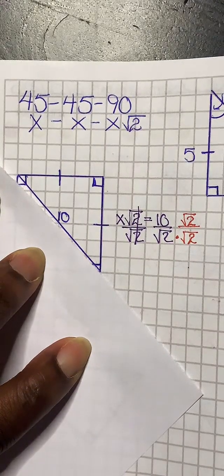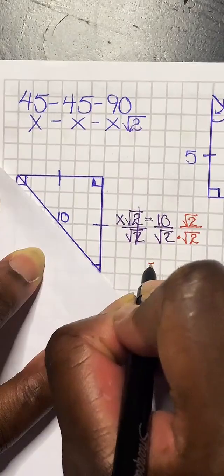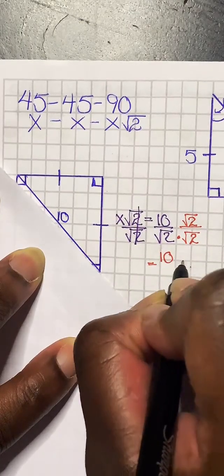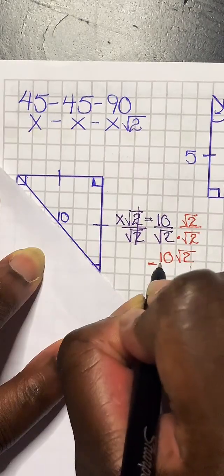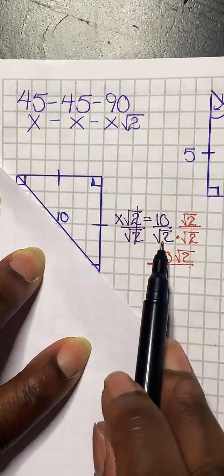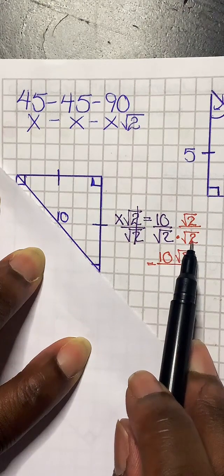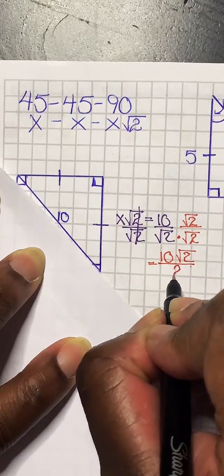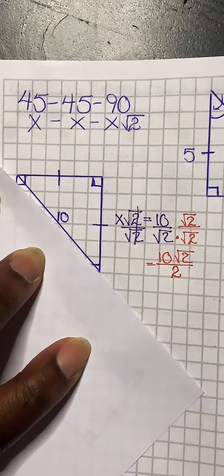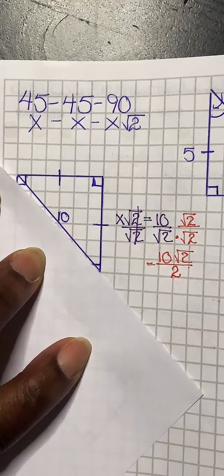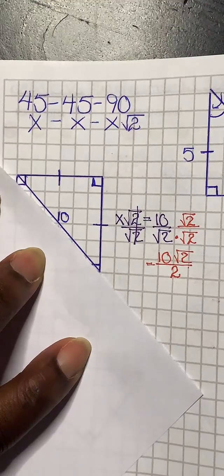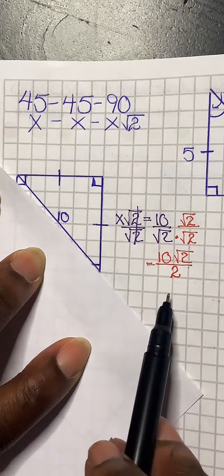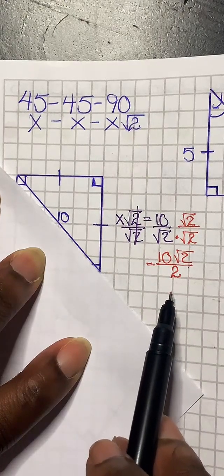Now you have 10 times the square root of 2 over the square root of 2 times the square root of 2, which gives me the square root of 4. But the square root of 4 is a perfect square, which gives me a whole number, 2. So it's similar to what C4 was saying. We're kind of getting there. So now, what can I do next?